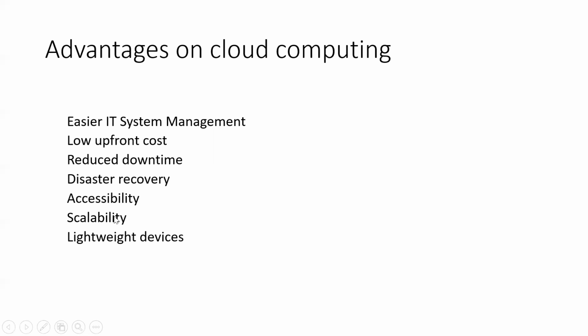Accessibility: if we have internet connectivity, we can directly access it from the portal itself, from anywhere. Scalability: suppose we are working on a system and we find that we need a hardware or hard disk increment or a quick RAM increment.